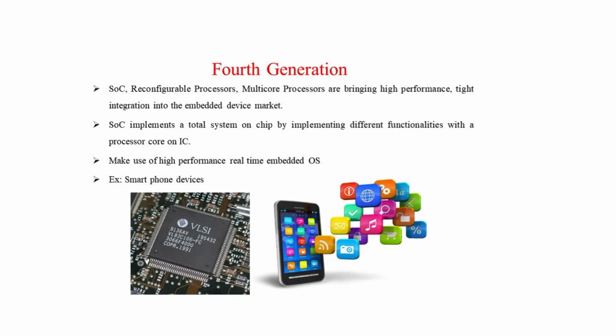Now comes the 4th generation embedded systems. The best example of this is your smartphones. A few more examples are system on chip devices, reconfigurable processors, multi-core processors. What are the advantages of the 4th generation embedded systems? It brings very high performance, and it has tight integration into the embedded device market.